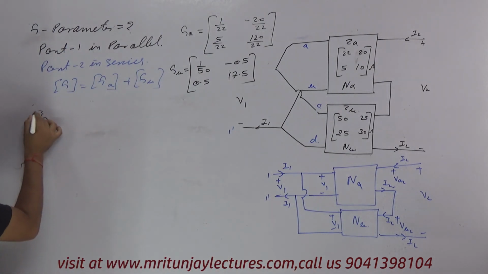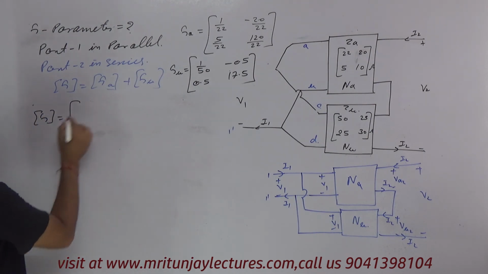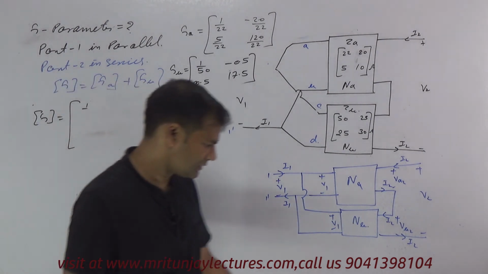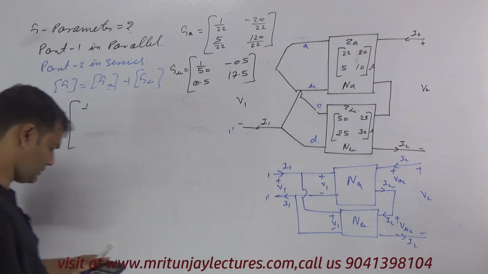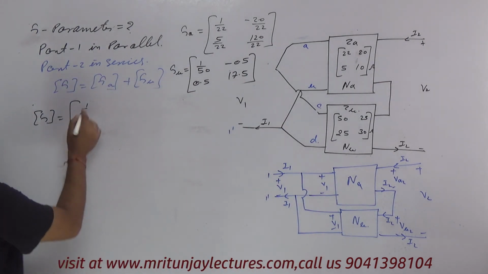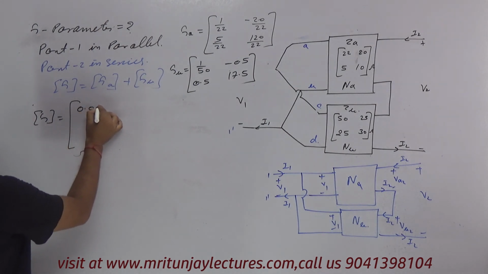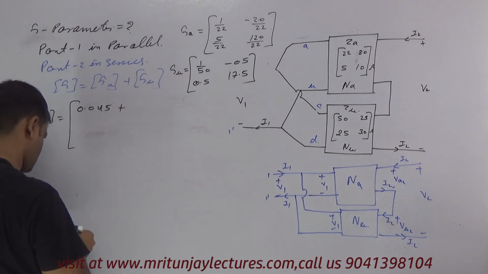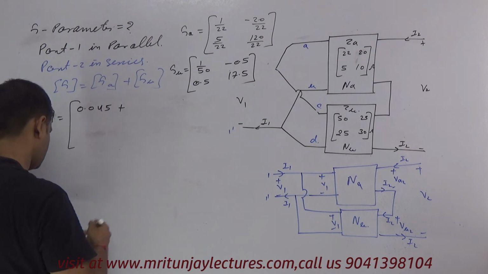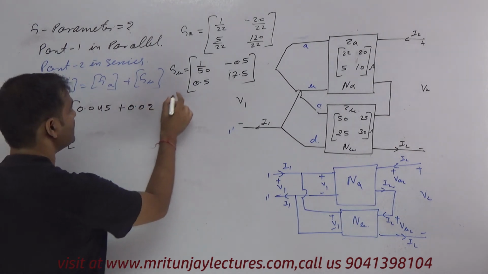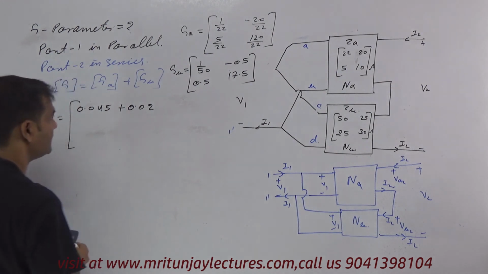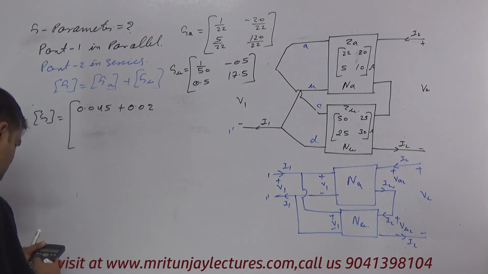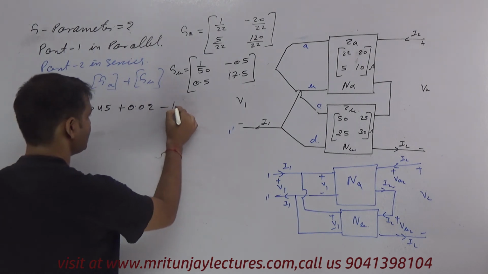I know that G is written as GA: 1 by 22, that is 0.045, plus 1 by 50, that is 0.02. Okay. Now minus 20 divided by 22, minus 0.5, and so finally minus 1.40 if both are added.